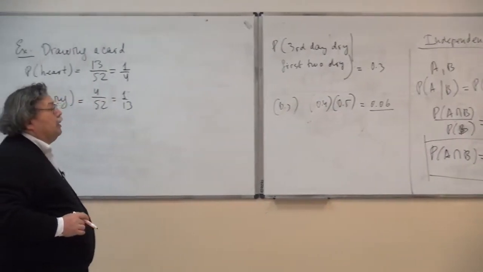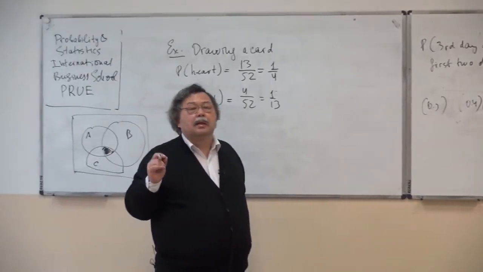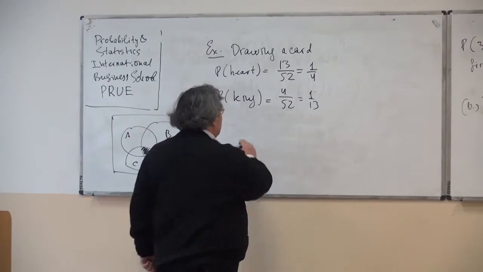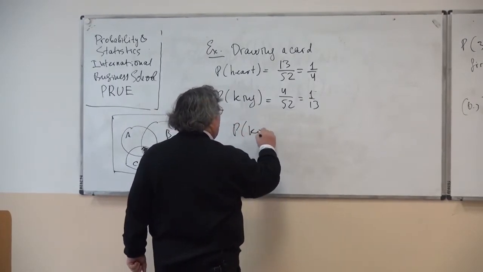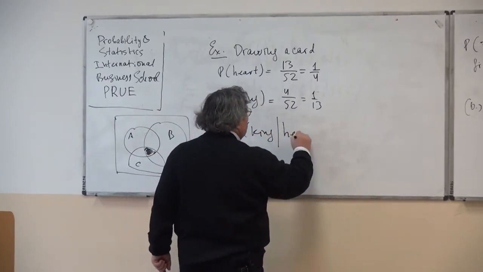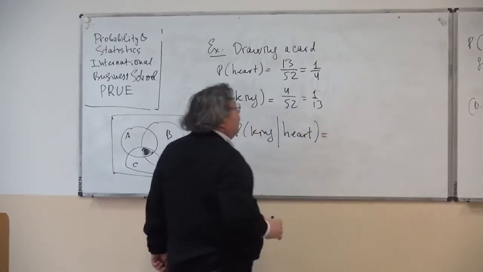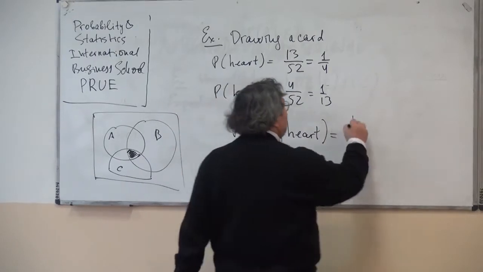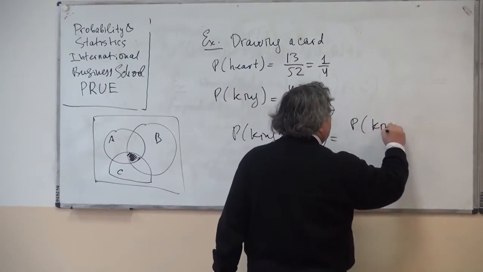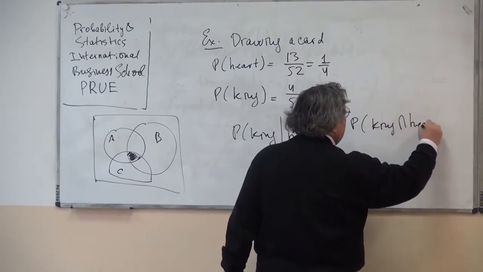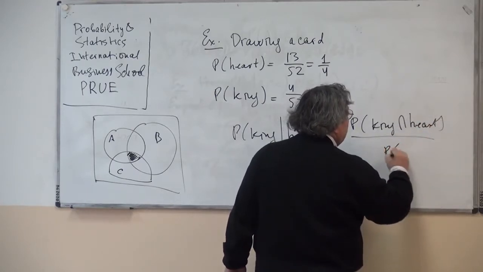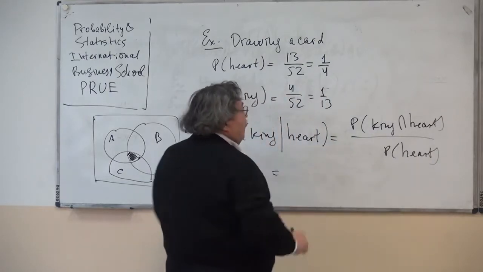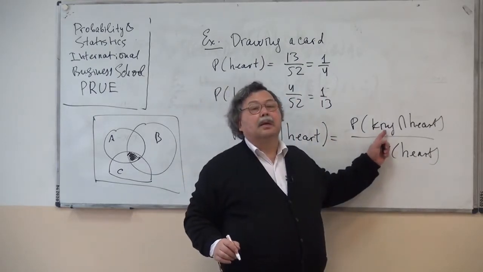Now, what's the probability that a randomly chosen card is a king given that it's a heart? Now let's go by the definition. What's this conditional probability? It's the probability that it's a king and a heart divided by the probability of a heart. Now, there is one card like this.